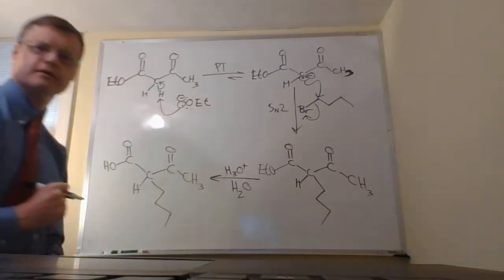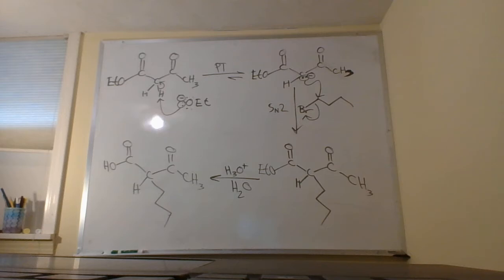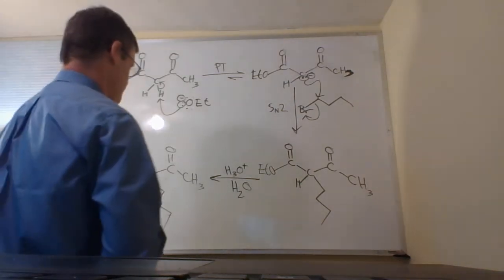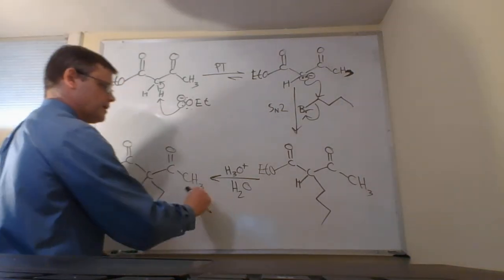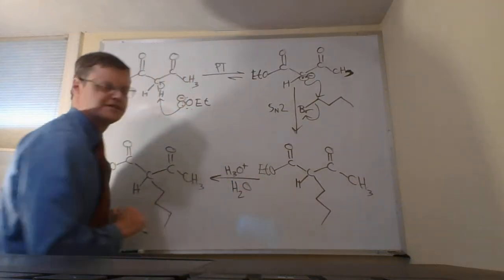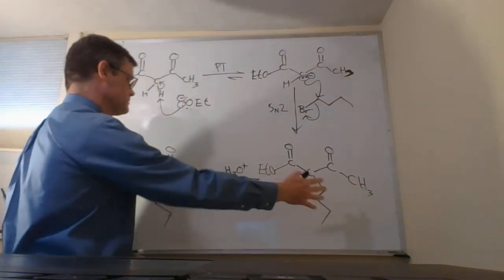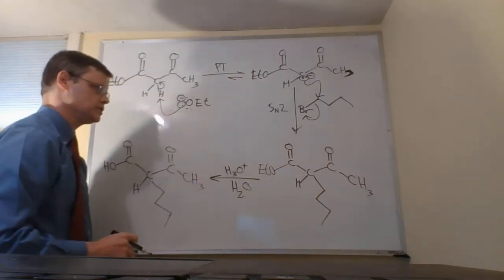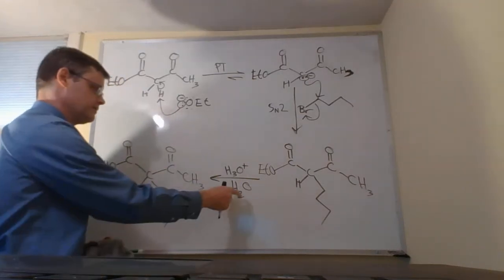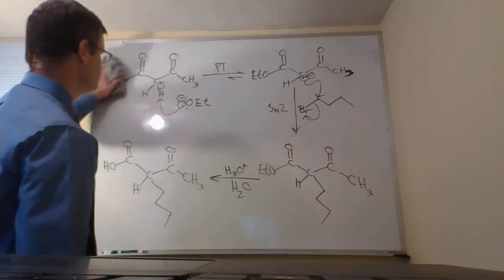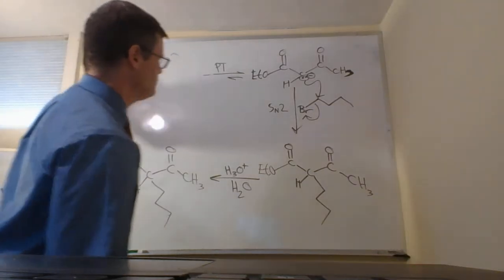Like so, there's our carboxylic acid. And now remember, this is multiple elementary steps here. I'm not showing the full mechanism, I'm just showing you in general what's going on. This is a 6-step mechanism to do that hydrolysis.